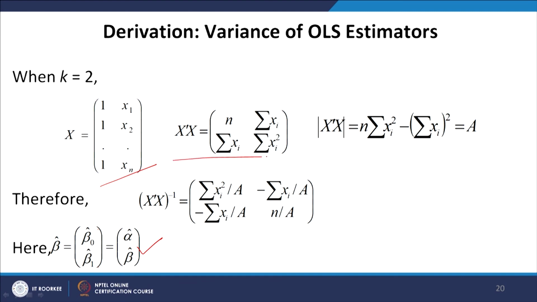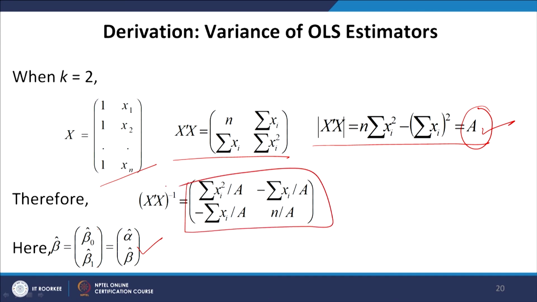So this is x prime x. Once I obtain the determinant of x prime x and denote it by a, I arrive at x prime x inverse as this expression for the two variable case, right. Okay, so this is my x prime x inverse.